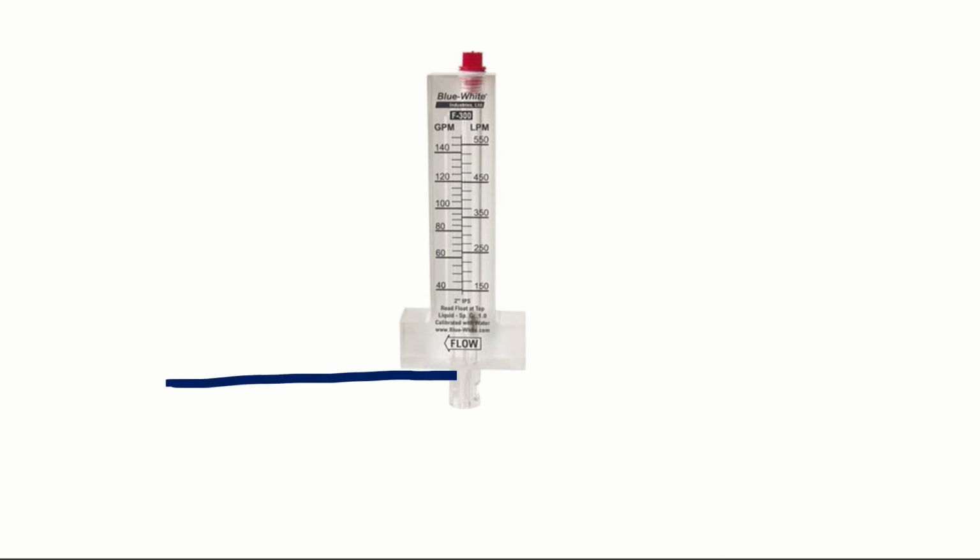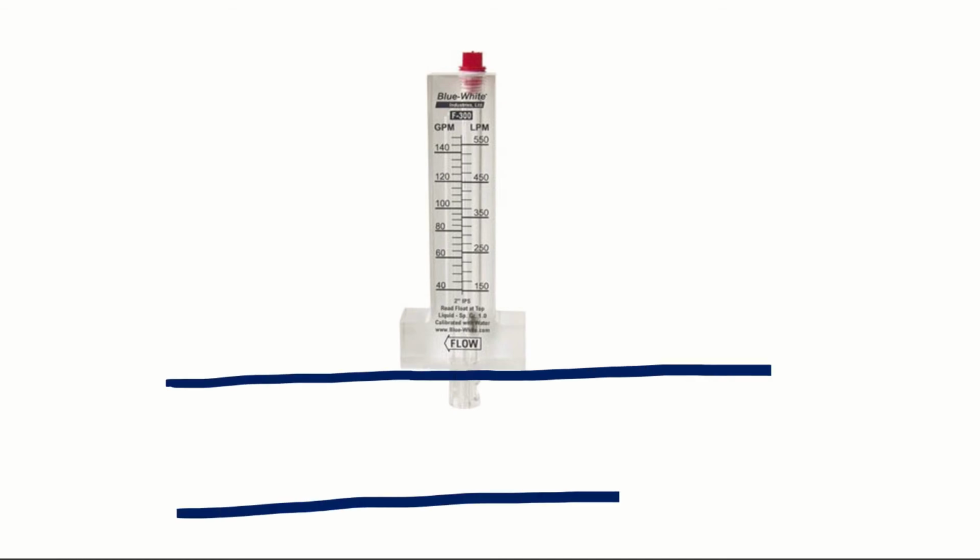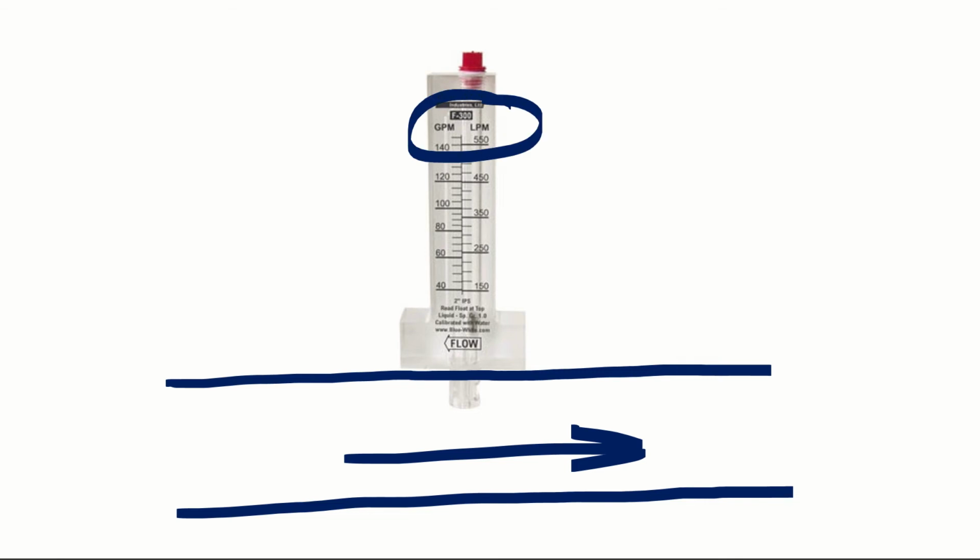So you'll have pipe work through which water is traveling, and you'll be able to read off what the flow rate is. On this particular one, it's giving the flow rate in gallons per minute and liters per minute, but you can easily convert that into meters cubed.